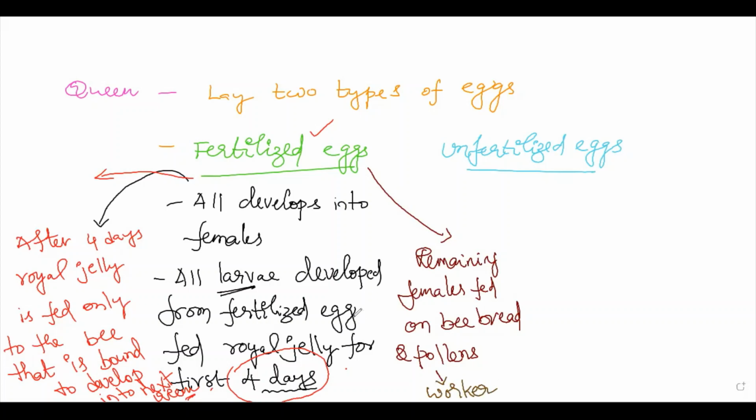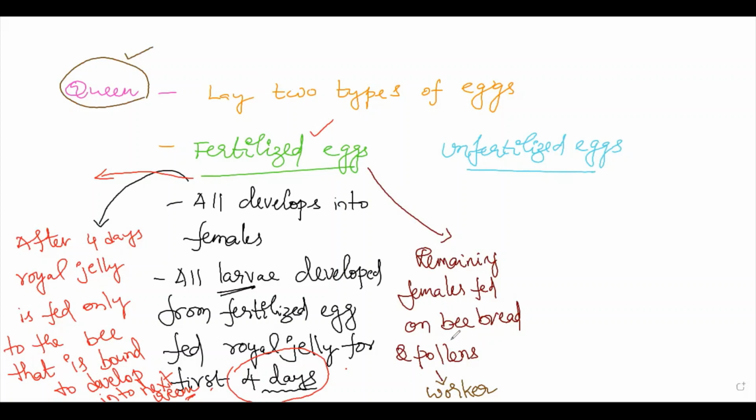So all fertilized eggs, meaning all females, are diploid. Royal jelly is fed only to the bee which is bound to develop into the next queen.